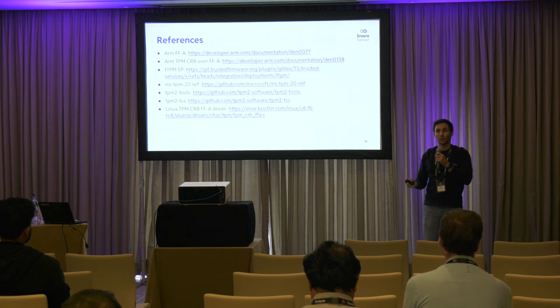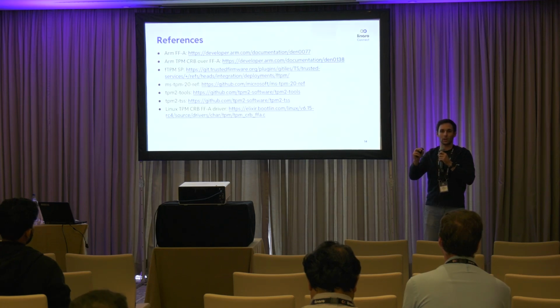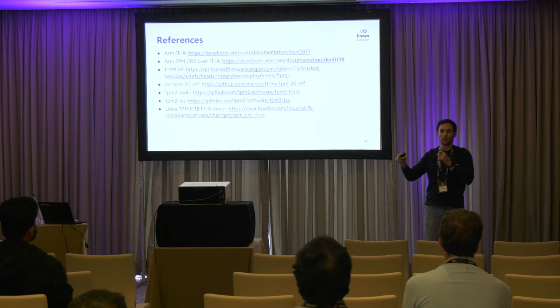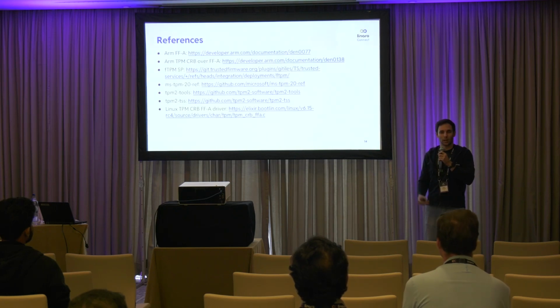This is not how this is implemented. The TPM CRB driver will only start if it sees that entry in ACPI, and then it will check if the partition with that UUID is actually available on the FF-A bus. So technically it should be possible, but it's not how it's implemented upstream.